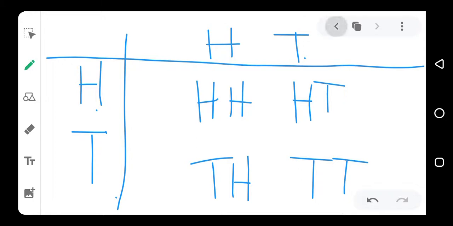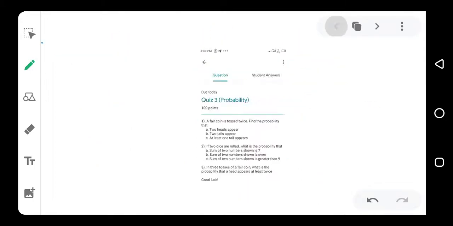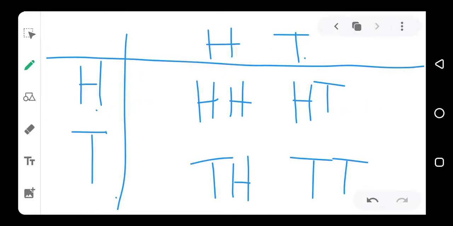So we visit the question again. The question says A, the probability that two heads appear. So which of these has two heads? This one has one head. This one has one head.